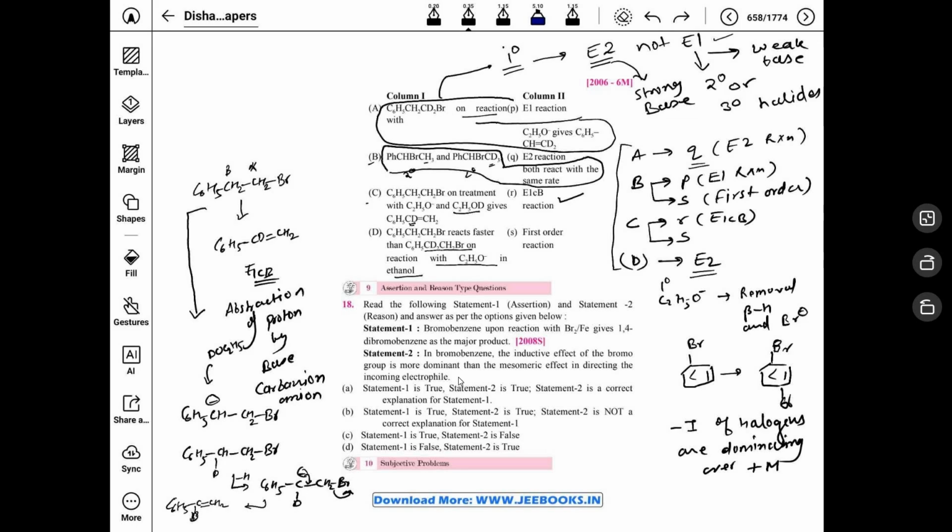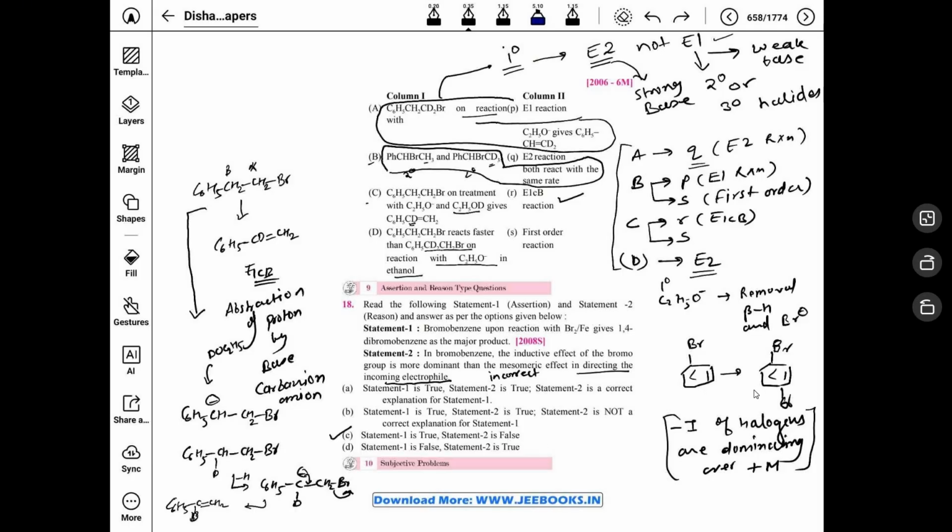This is a true statement, but this is not the reason to direct the incoming electrophile. Hence statement 2 is incorrect in the context of directing the group. So the correct option is statement 1 is true, statement 2 is false. So C is the correct answer.